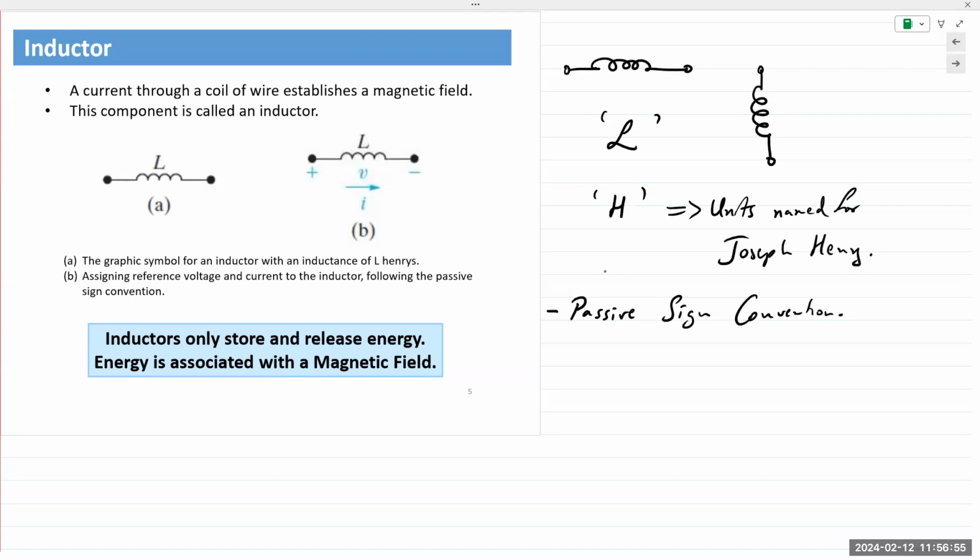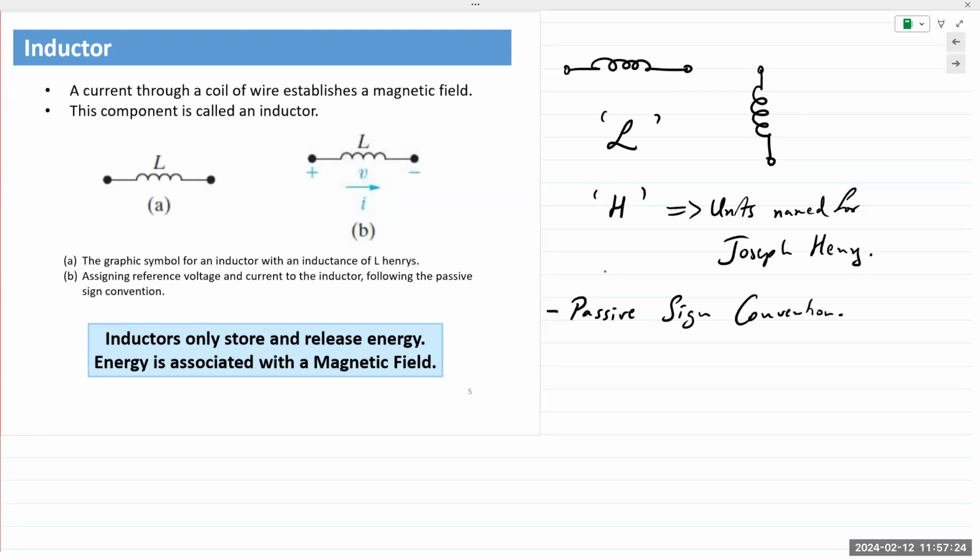It takes some time for the energy to be transferred. So between the values of 0 and 1 amp, the current is changing in value through the inductor. Does that make sense? So when the current is changing, a voltage will appear across the inductor.